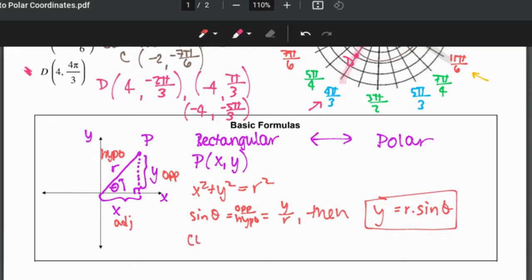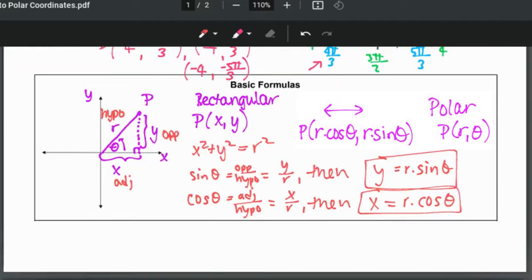And then for cosine of theta, we know that that's adjacent over hypotenuse. So that is equal to x over r. And if I multiply both sides by r, then I get another conversion equation, which is x equals r times cosine theta. And then if I wanted to figure out what is tangent of theta, I could either do opposite over adjacent, which we know is y over x.